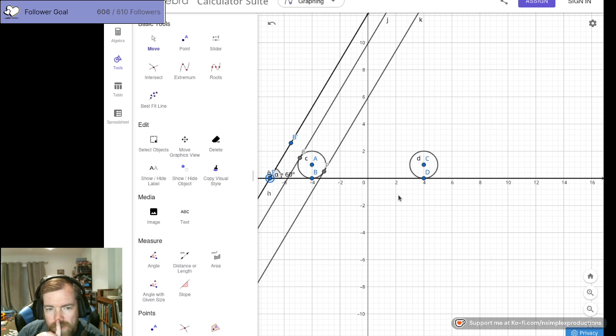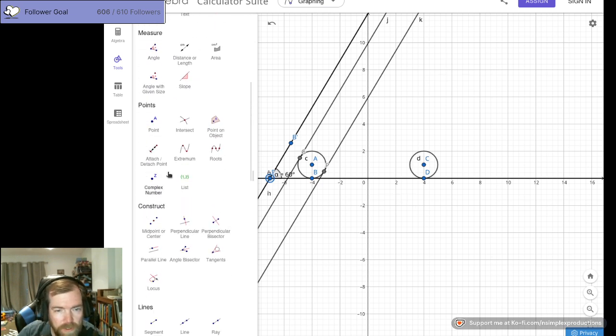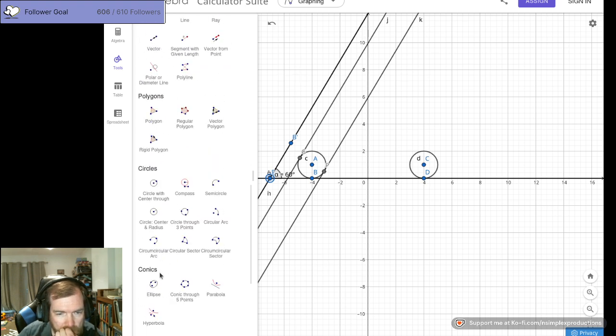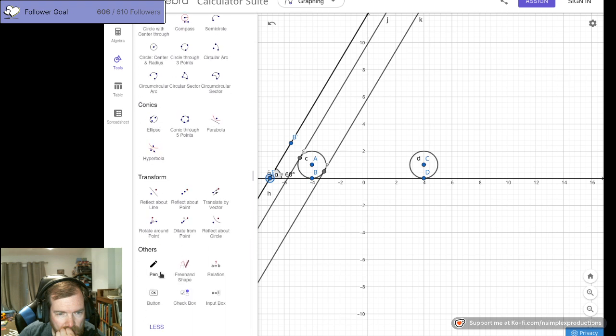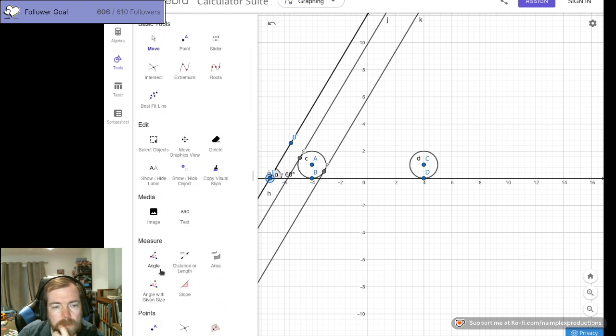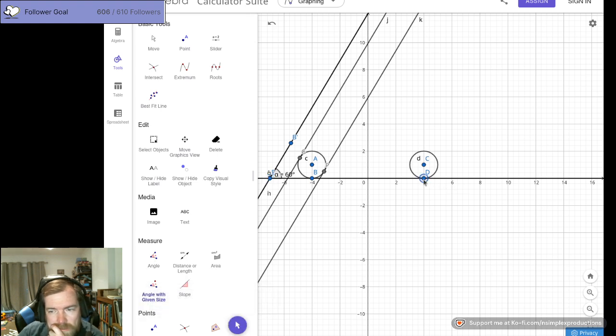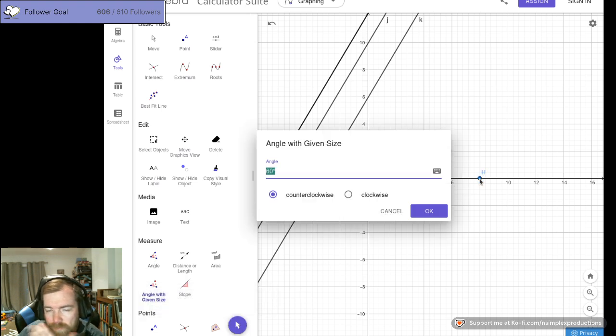Okay. So now we need to do the same thing on the other side. So we need to find an angle. Make an angle with given size. Leg point, vertex, clockwise 60 degrees.